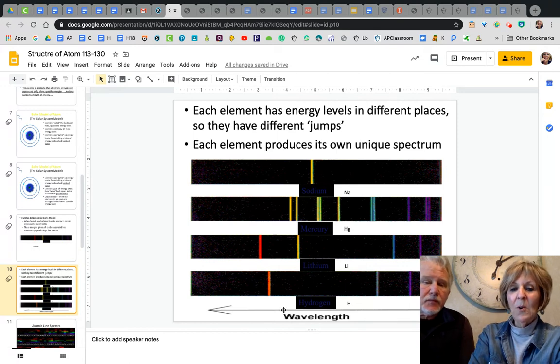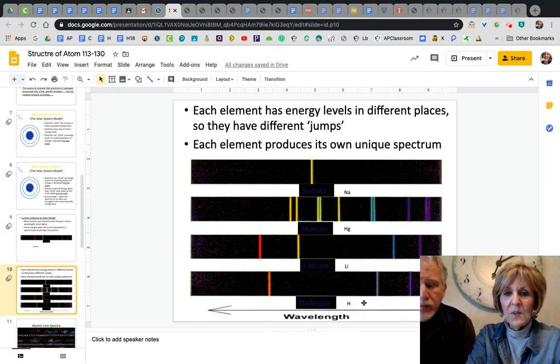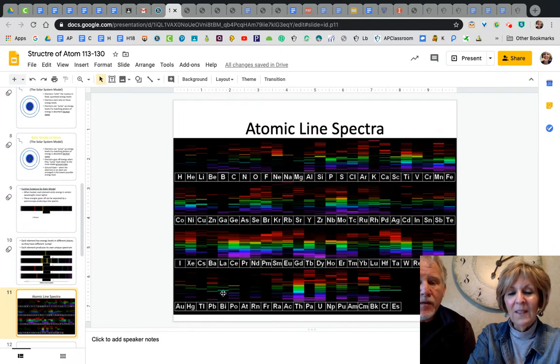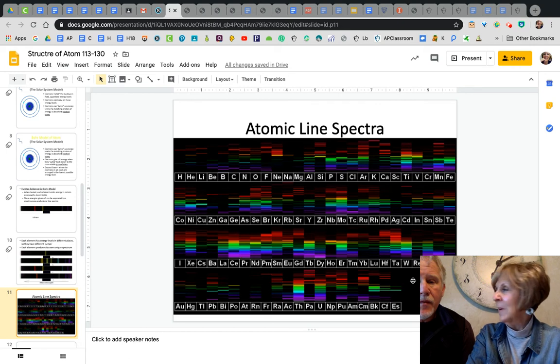So look at this, guys. This is so cool. We've got sodium's emission spectra, mercury's emission spectra, lithium's emission spectra, and hydrogen's emission spectra. And basically what that allows us to do, I love this special periodic table, right?